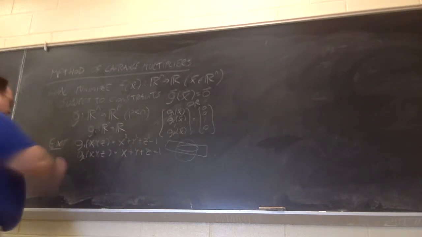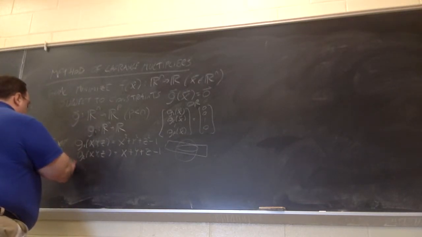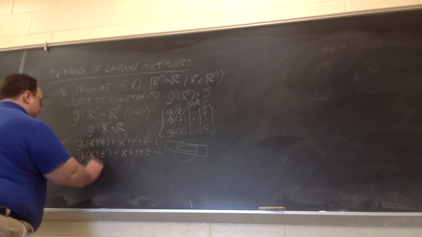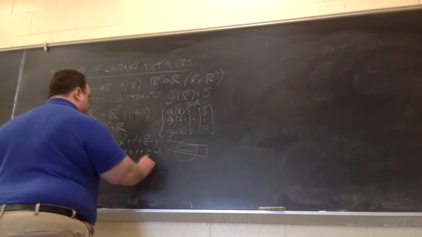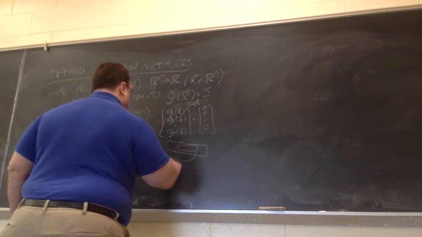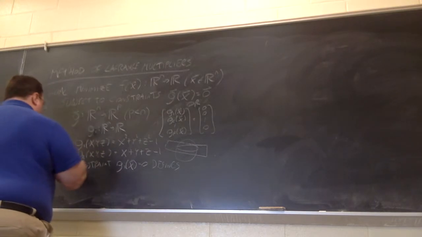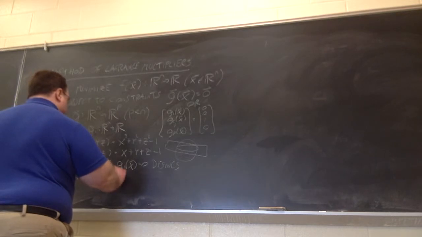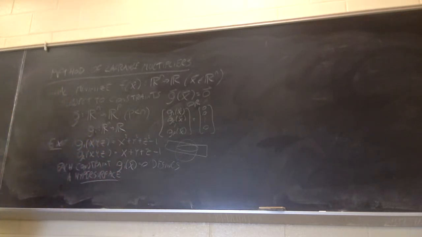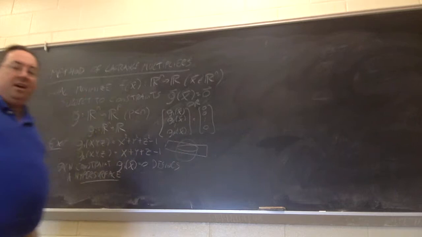Put another way, each constraint gi of x equal to 0 defines what's called a hypersurface. It's a surface in n-dimensional space. If n is 3, it's just an ordinary surface. The set of all points that satisfy all the constraints is an intersection of these hypersurfaces, like we have right here.